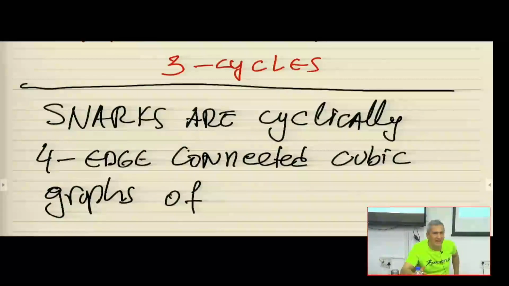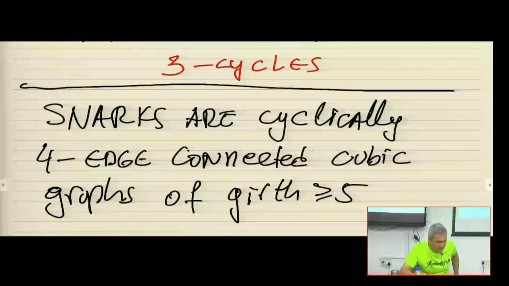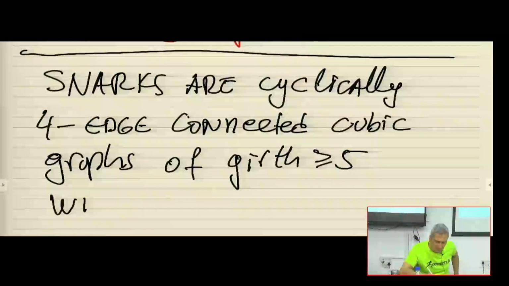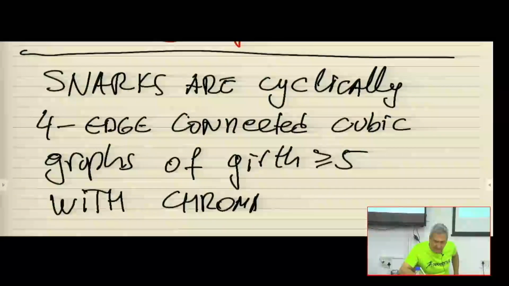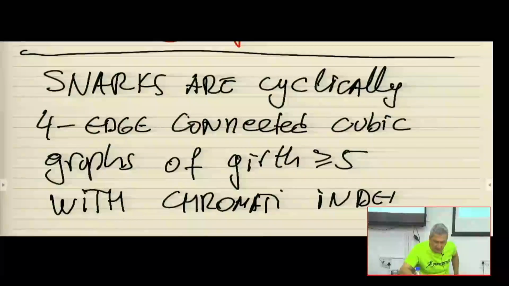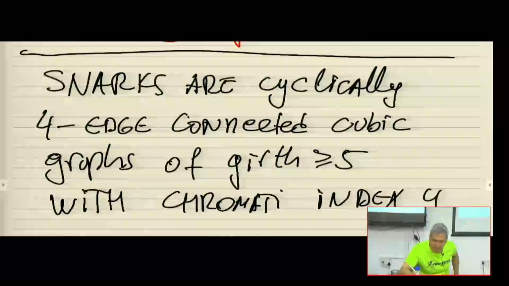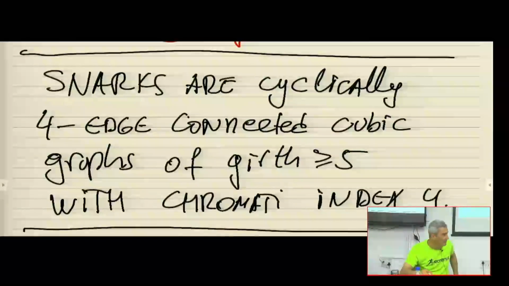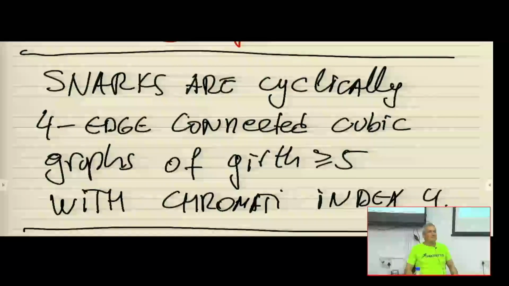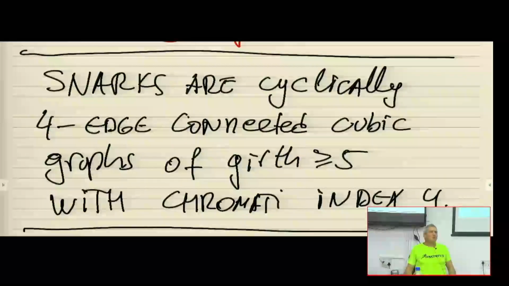The shortest cycle, of girth at least 5, with chromatic index 4. These are some definitions with which most people will be happy.